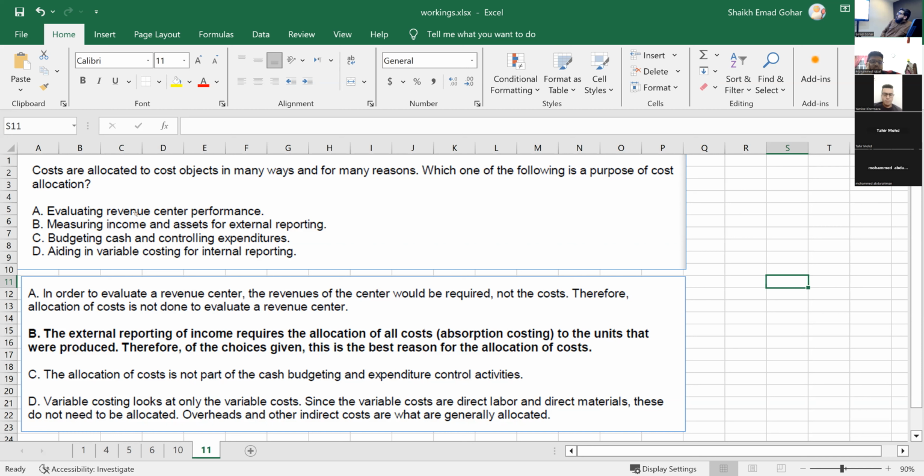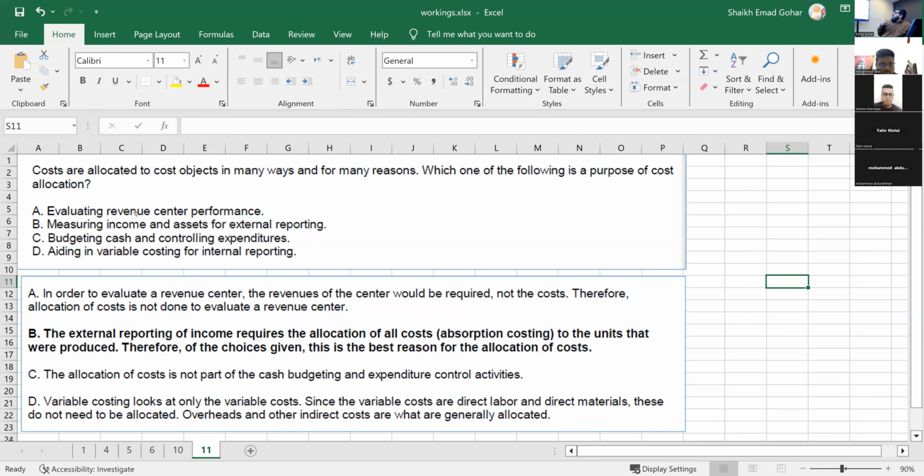What about D? They say it aids in variable costing for internal reporting purposes. If you remember, the allocation we normally do is for the fixed overhead. In variable costing, we have direct material, direct labor, and variable overheads, right? So the purpose of cost allocation is not there exactly, because they are saying it looks at variable cost.